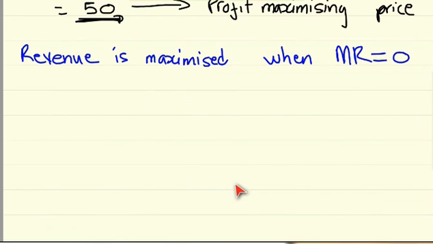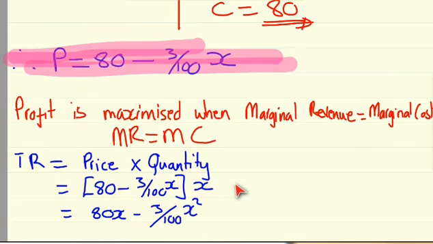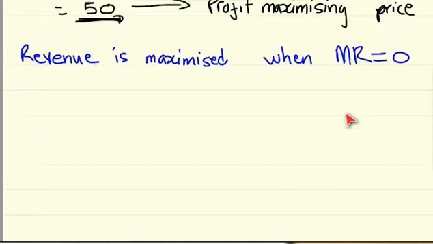I know my marginal revenue. It's the one that I just calculated here, 80 minus 3 over 50 x. If I equate this to 0, I should get my output that will maximize revenue.